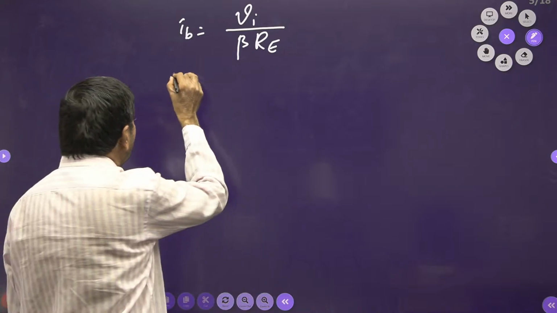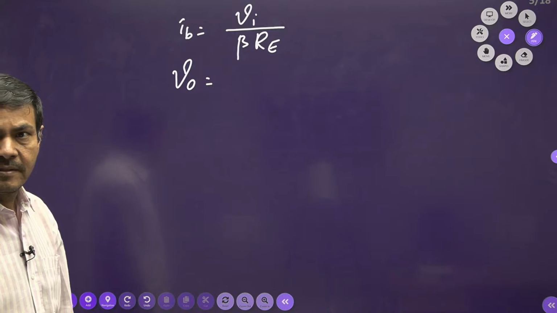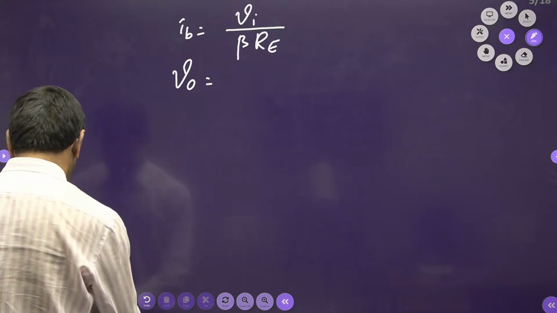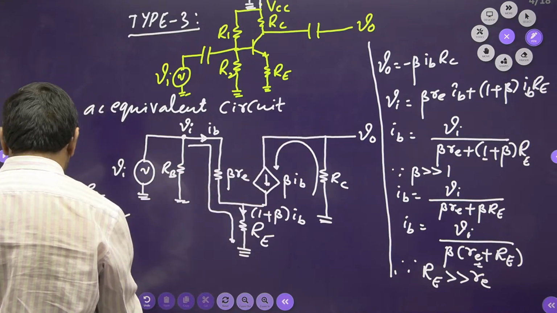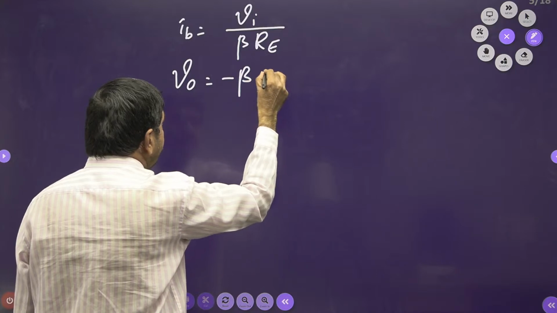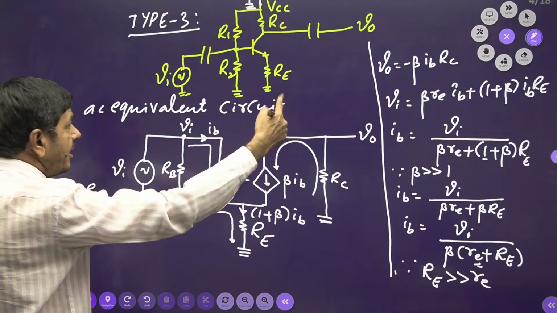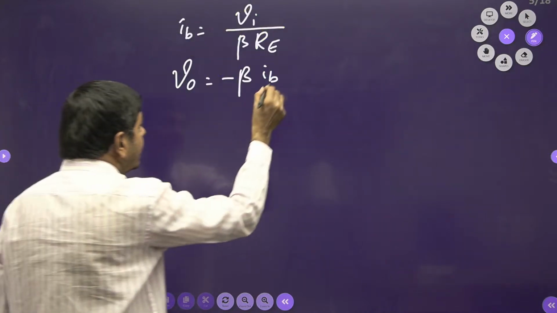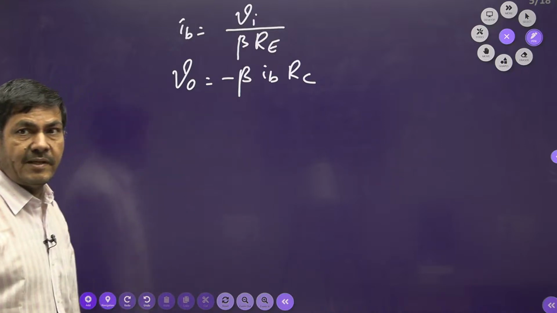We already have V0 given. What output voltage is given in this problem? They have given V0 equals minus beta into IB into RC. There I can substitute the IB value.